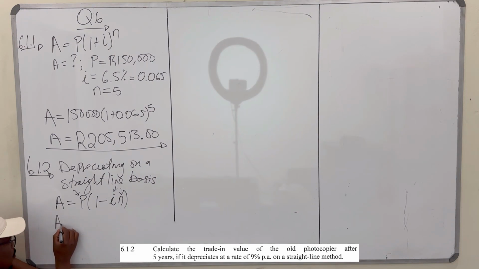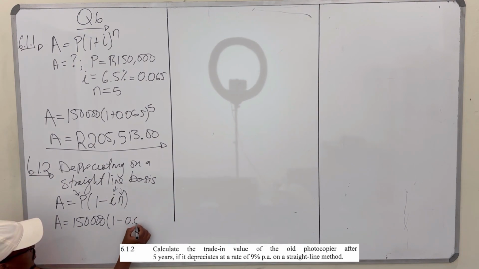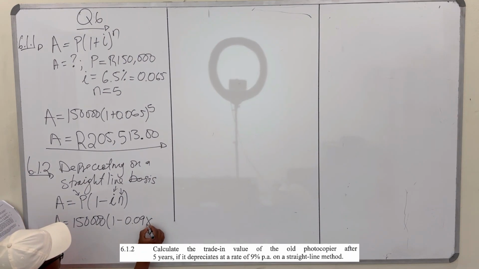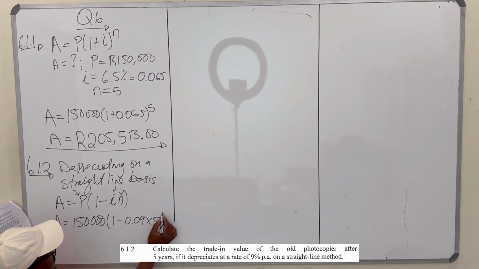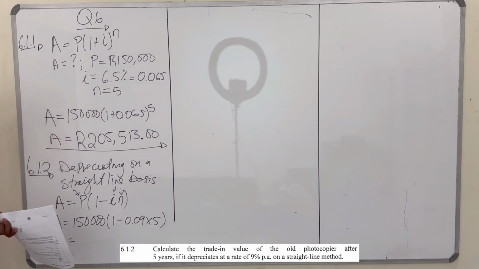So A, which is what we're looking for, is equal to P, which was 150,000 when you bought it, times (1 minus 0.09 times 5), because they said it depreciates at 9% per annum. Whatever amount you get here will be the value of that photocopier after 5 years. Let's check it out.